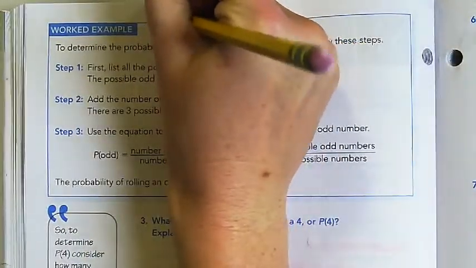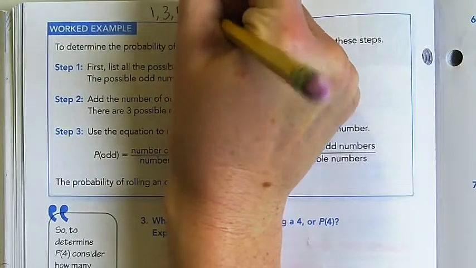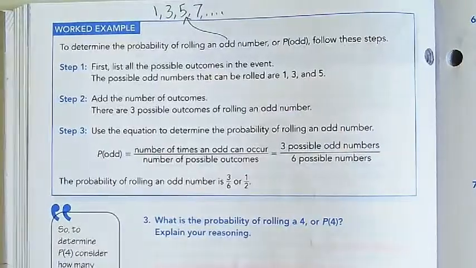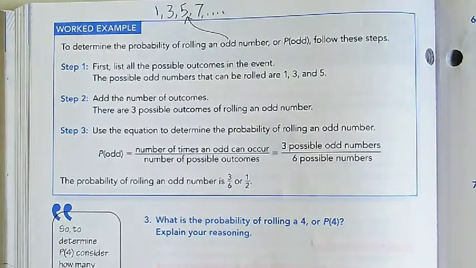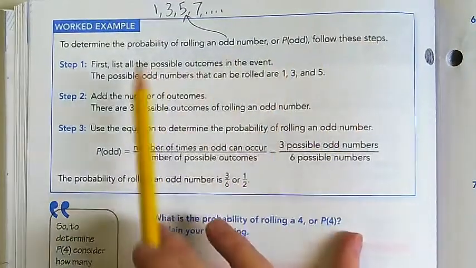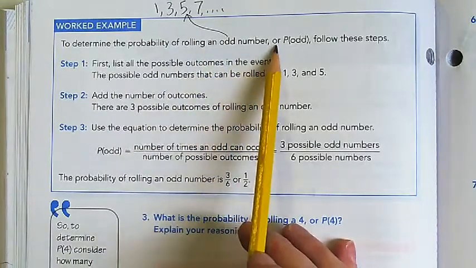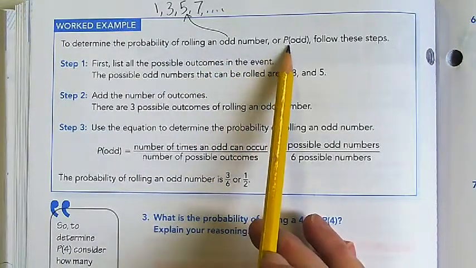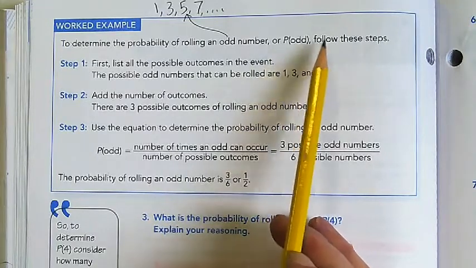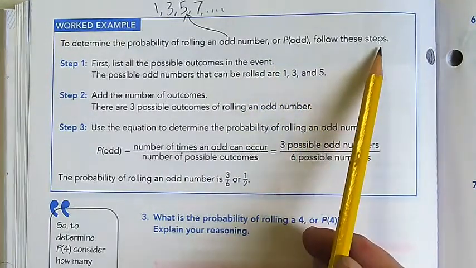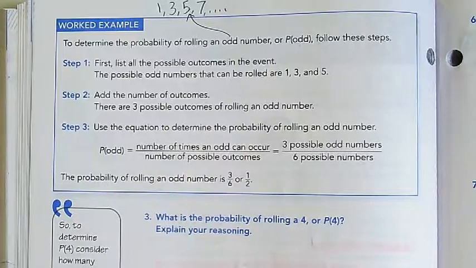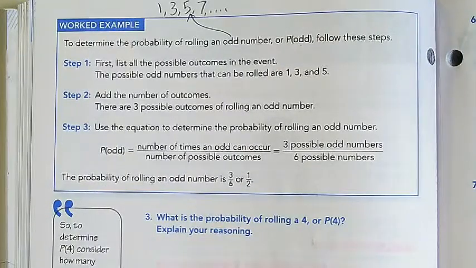Like 1, 3, 5, 7, and so on. It's the opposite of an even number. So to determine the probability of rolling an odd number, or P(odd), follow these steps. I'm going to change some of the wording just to make it easier.